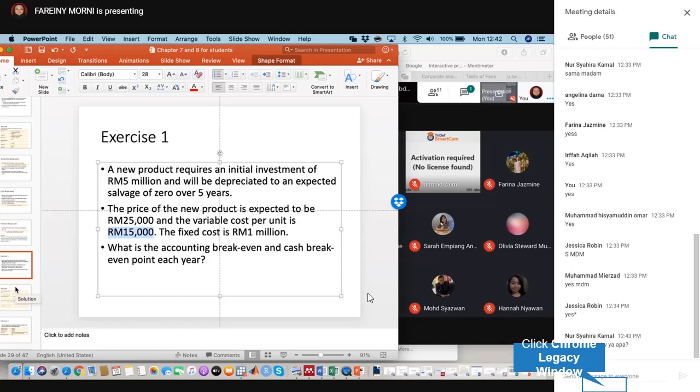P is the selling price, V is the variable cost. So you are given the price and the variable cost.